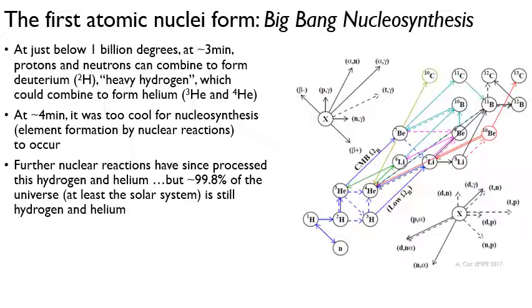So further reactions later on in time in the universe have changed this hydrogen and helium into other stuff. But for the most part, it's changed very little, right? So at the Big Bang, you had essentially 100% hydrogen and helium, or almost that. And now we have 99.8% of our solar system is hydrogen and helium.